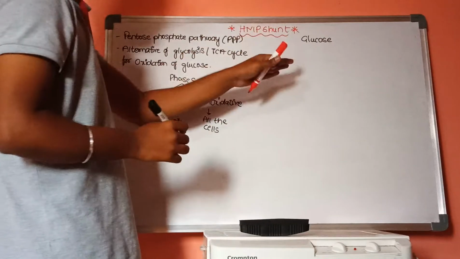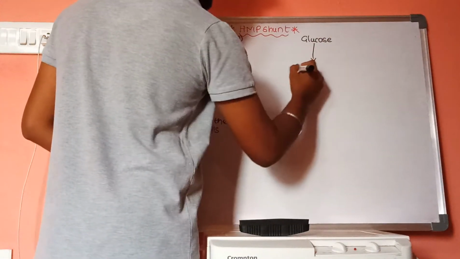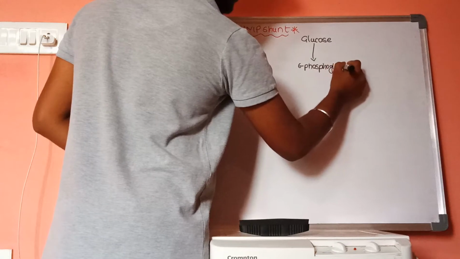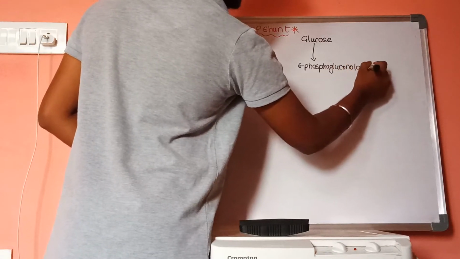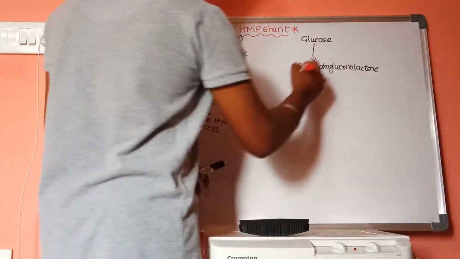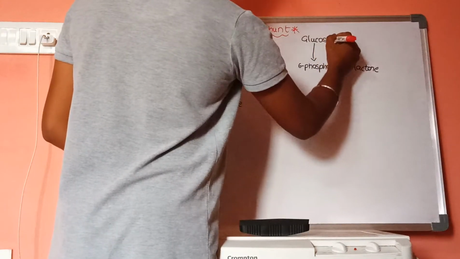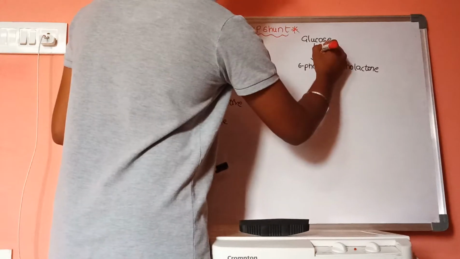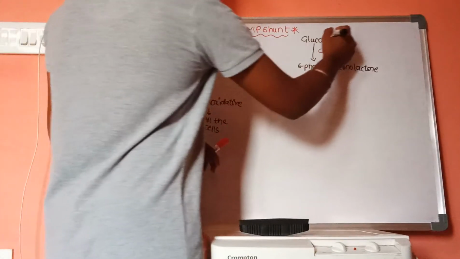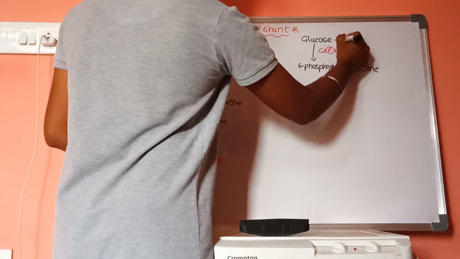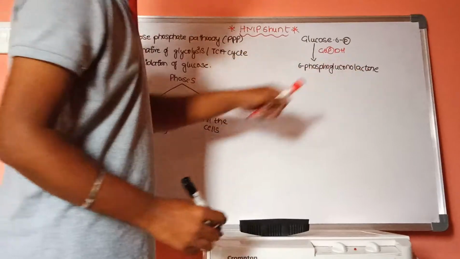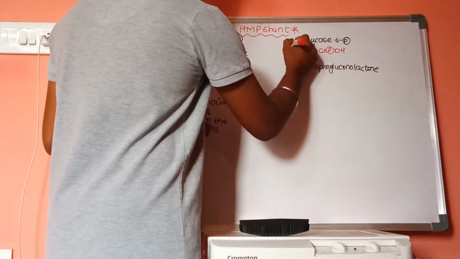In the first step, glucose 6-phosphate, with the help of the enzyme glucose 6-phosphate dehydrogenase, will get converted into 6-phosphogluconolactone, and it requires NADP.